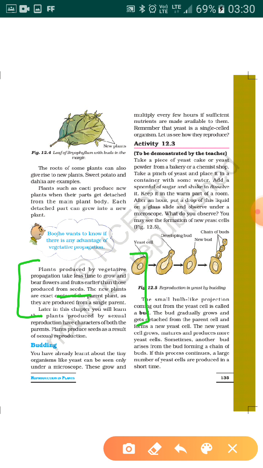So we can say this is a faster means of reproduction, and the new plant we get, for example, out of this bryophyllum, the new bryophyllum will be the exact copy of the parent bryophyllum. Why? Because only one individual was involved, only one parent was involved, and out of that parent we have got the new offspring or the plant.